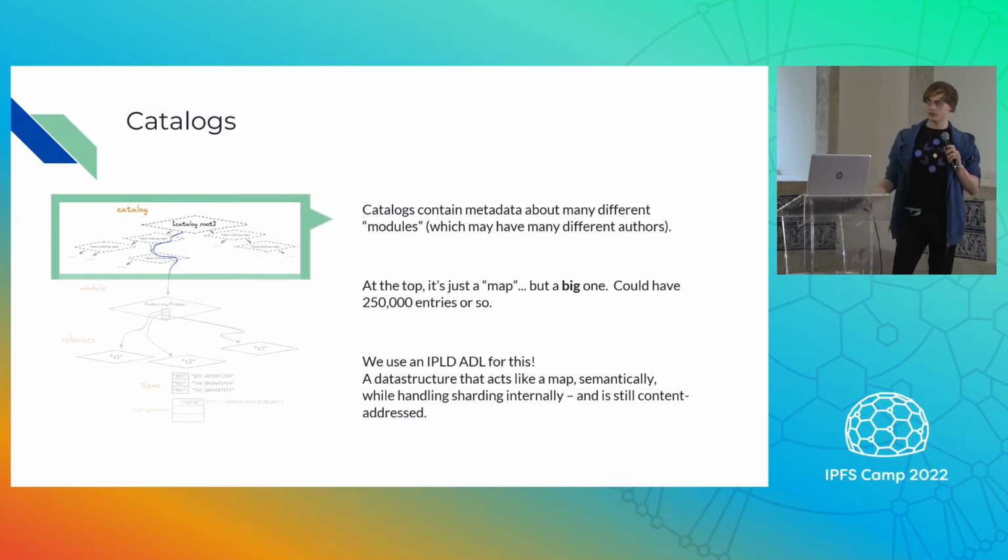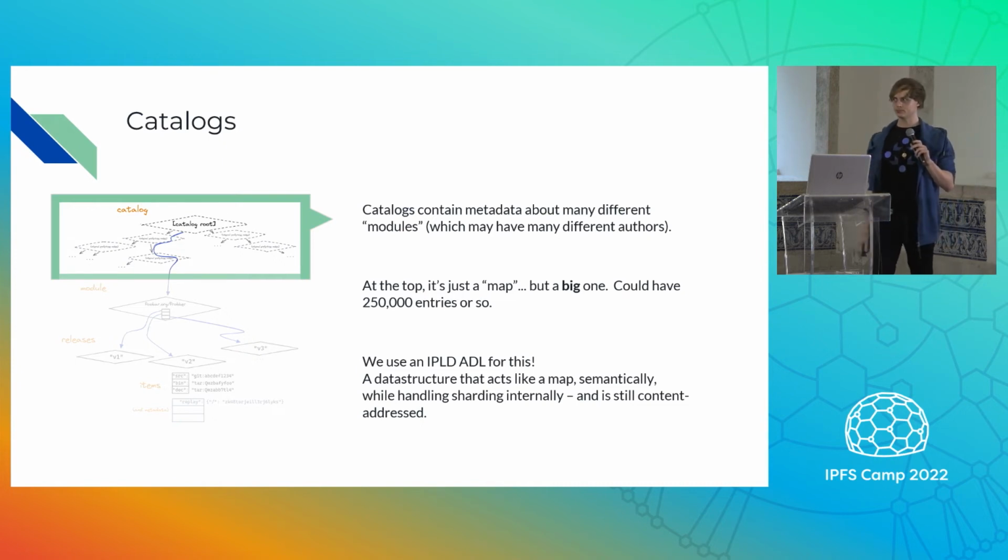At the very top level of this catalog concept, we're worried mostly about different modules and things that may have been produced by different authors. So at that level, it's just going to be a huge map. The map is from a human-readable name to more data, a hash that will link to smaller parts of this document. But it may be a huge map.